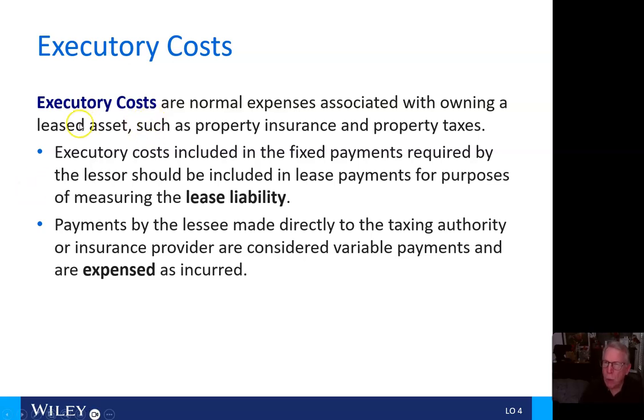Now, executory costs are normal expenses associated with owning a leased asset, such as property insurance and property taxes. These executory costs are included in the fixed payments required by the lessor and should be included in the lease payments for purposes of measuring the lease liability.